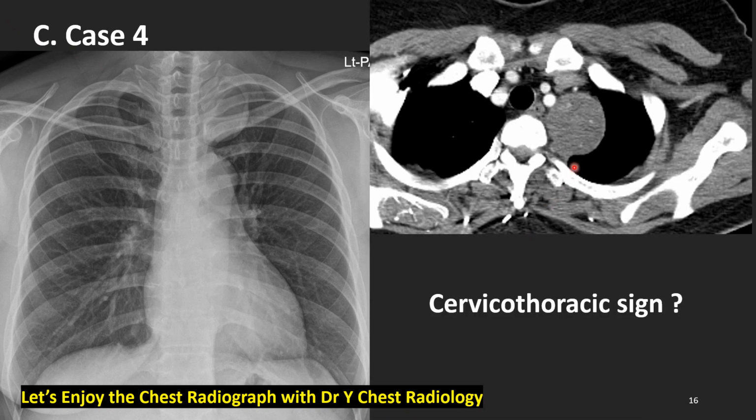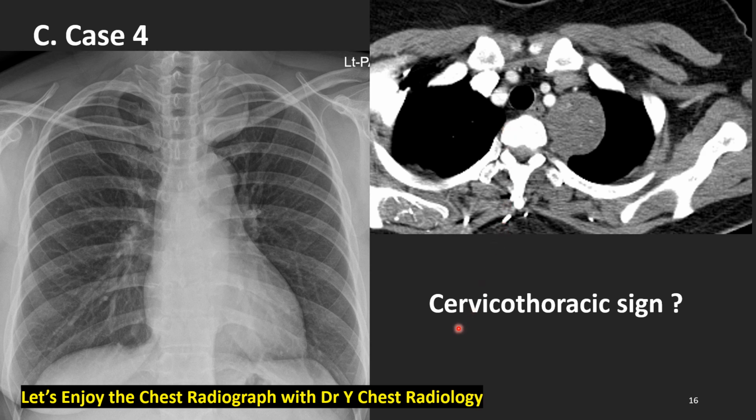This is an axial contrast enhanced CT. Well-defined, clear-margined, mediastinally broad-based mass with stippled calcifications at the paravertebral compartment level. Yes, this is a paravertebral compartment neurogenic tumor, posterior in location.